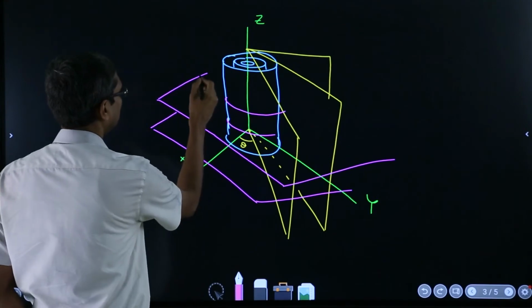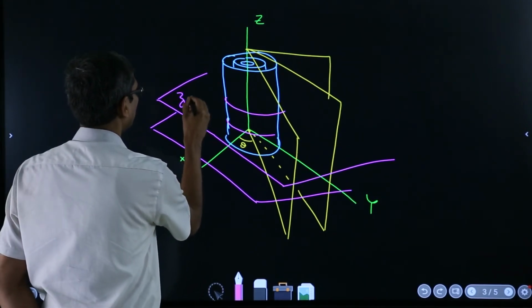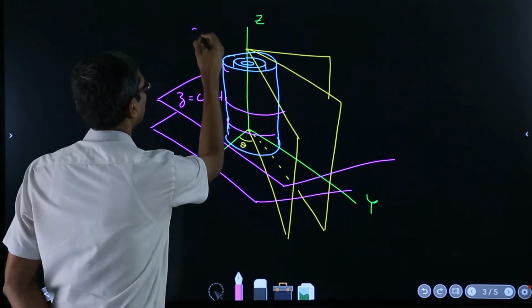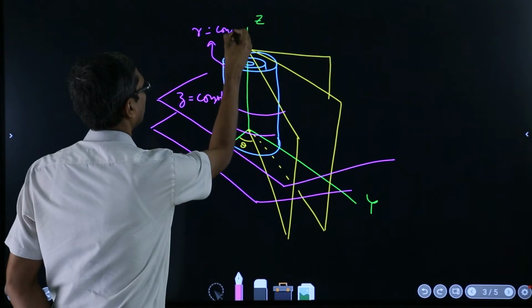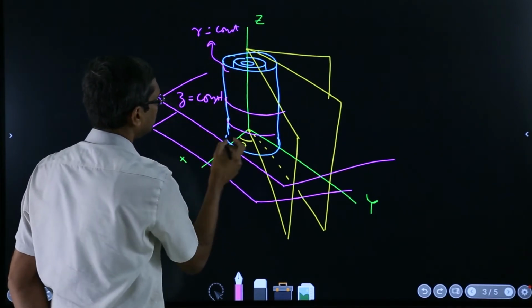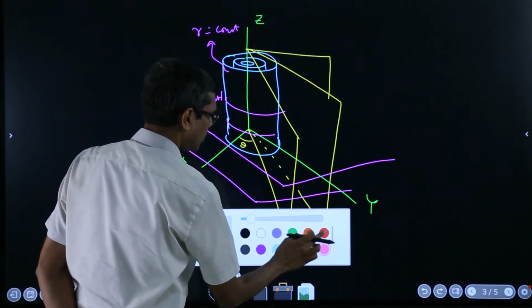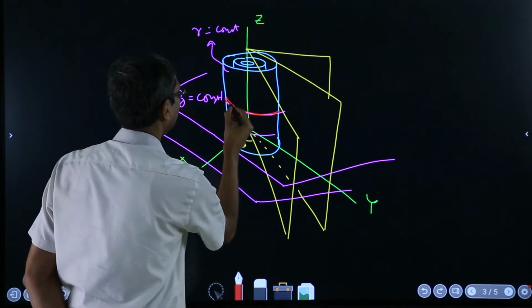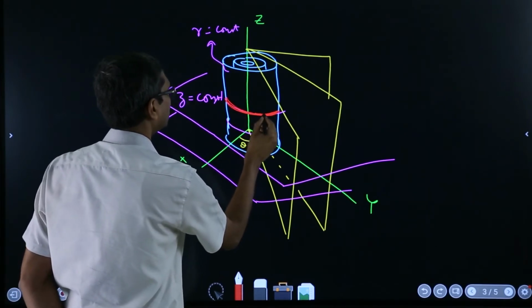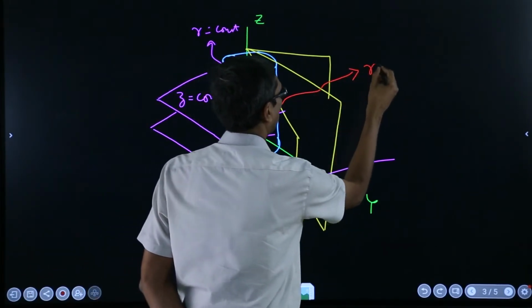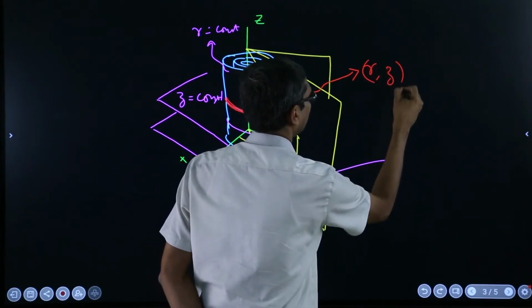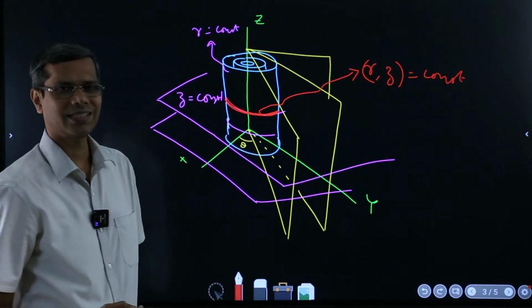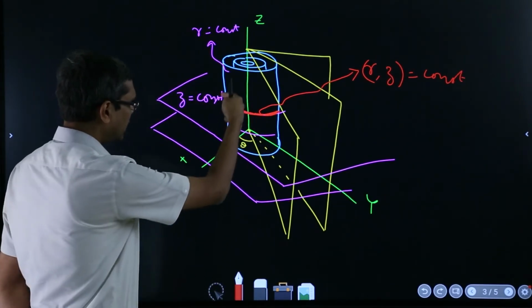For example, on this curve z is constant, and on this r is constant. If I move on such a curve, which is the intersection of these two, both r and z will be constant, so whatever changes is just the value of theta. That is why it's a circle.